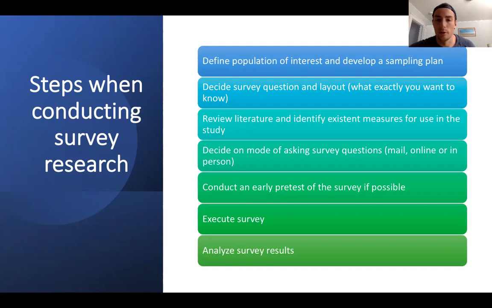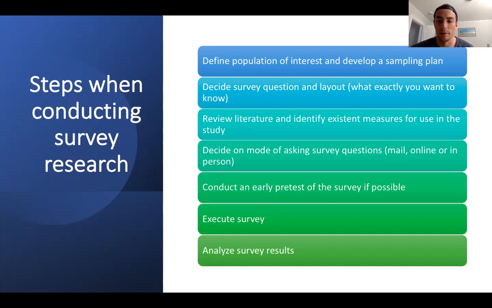Then you do literature review to see if there's existing measures or methods for doing a survey study on that population. And then you determine the best way or mode to ask these survey questions. What would they most likely respond to in the greatest number? Would it be mail, through the internet, online, or in person?